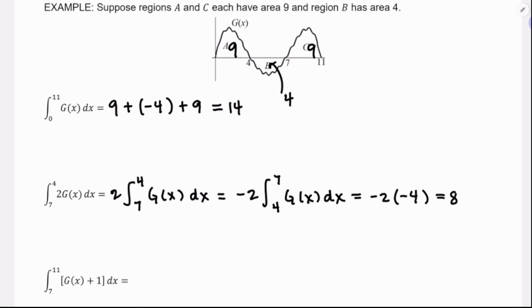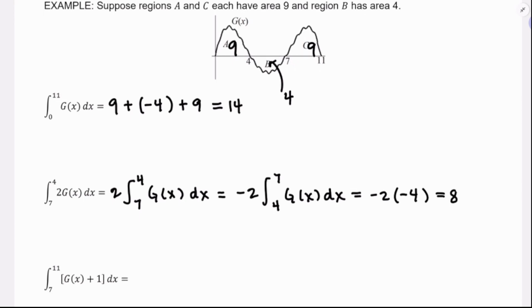And then the last one is the integral from 7 to 11 of g of x plus 1 dx. This is a little bit more challenging. What we're going to do is split this up using that first property. We're going to say this is the integral from 7 to 11 of g plus the integral from 7 to 11 of 1 dx.